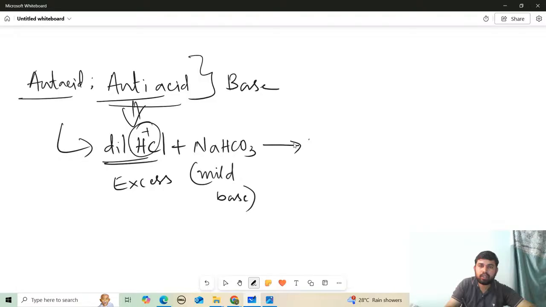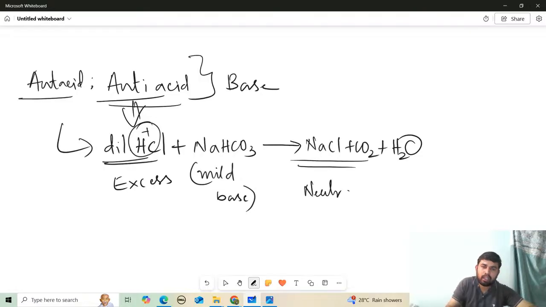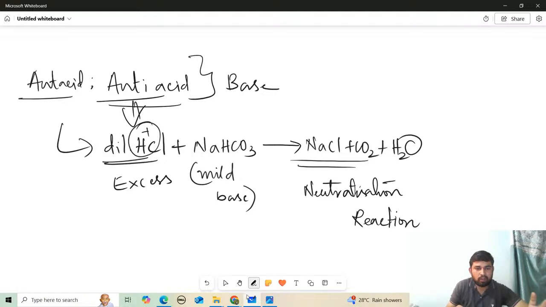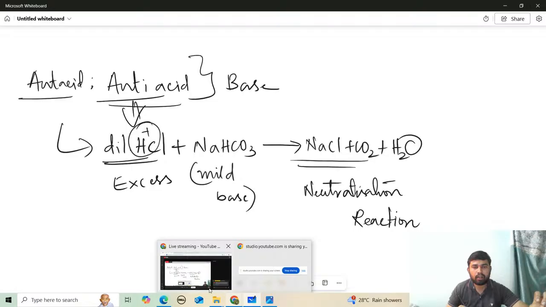It produces NaCl plus CO2 gas plus H2O, so salt and water are formed. This reaction we can consider a neutralization reaction. In this way, it neutralizes the excess acid produced in our stomach because of lack of food. This is the second use of baking soda.